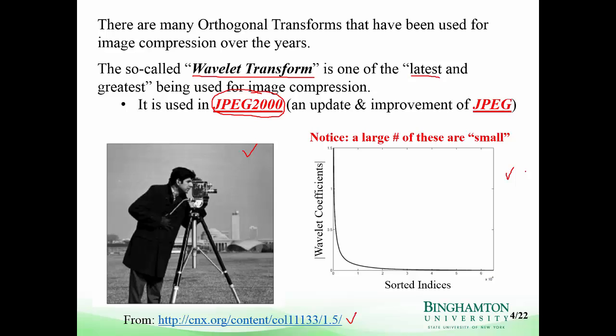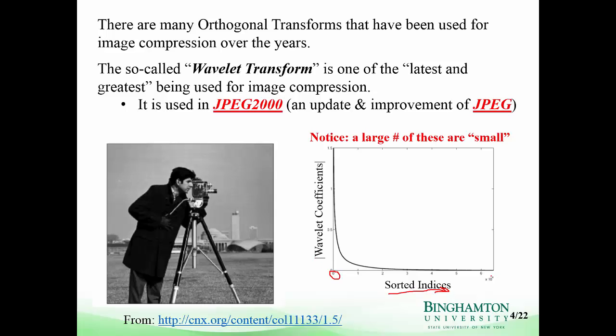If we then take all those wavelet coefficients and look at the magnitude of them, because those wavelet coefficients will be real numbers, but they'll be positive and negative, we order them from largest to smallest, and we plot them versus the sorted indices.